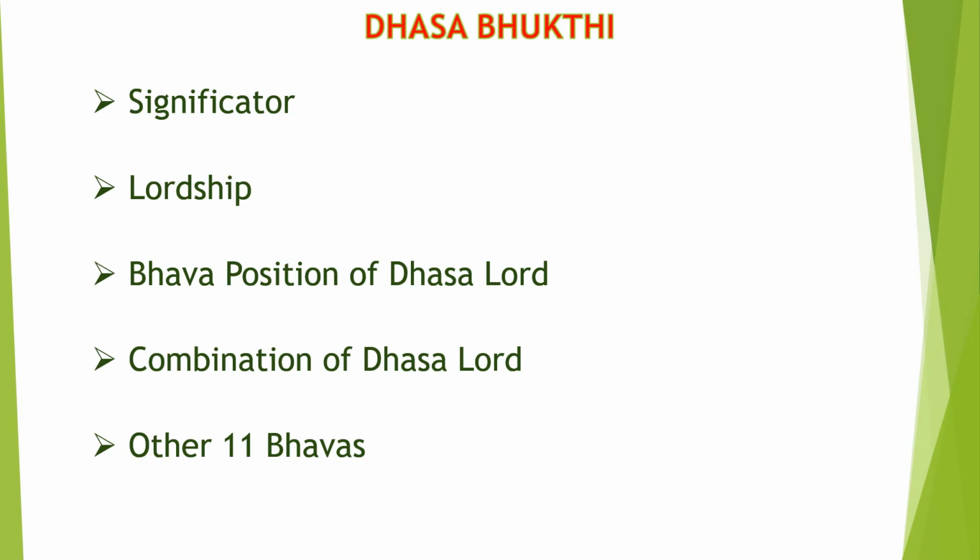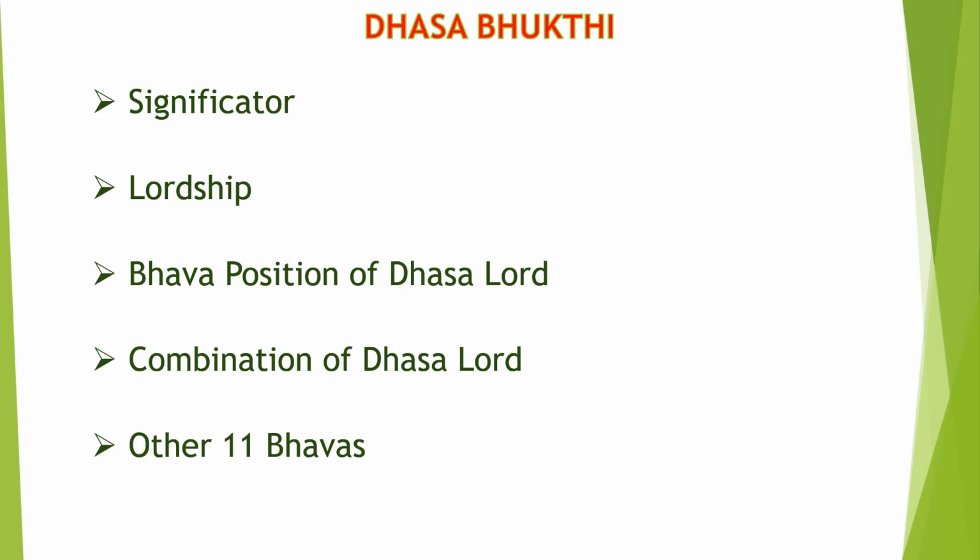Here the lordship benefits will be decided like this: if the planet has the lordship, then those benefits will be enjoyed by the native, or if the planet doesn't have any lordship, then the person will enjoy the benefits of the significators of that planet alone.